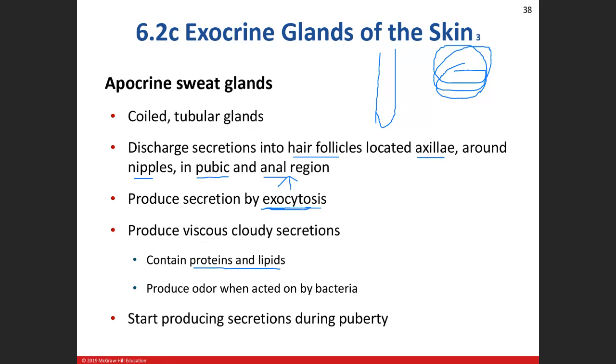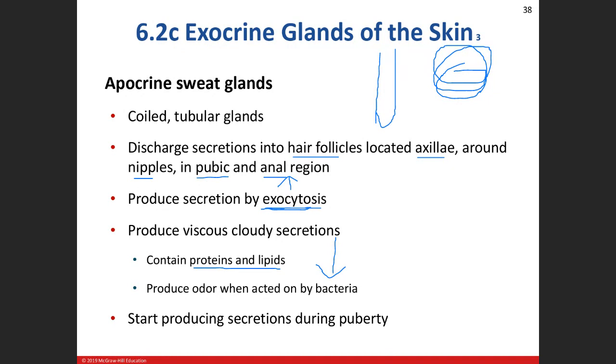Some people describe it as BO. Part of that is that person's pheromones too, but part of that is because of the bacteria living on that person's skin. When those glands are active and they secrete their contents into the armpits, the pubic area and the anal region, the bacteria in those areas go to town.